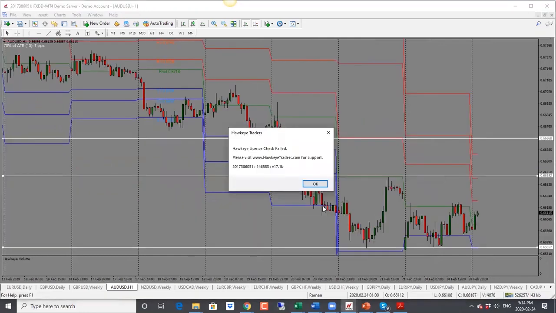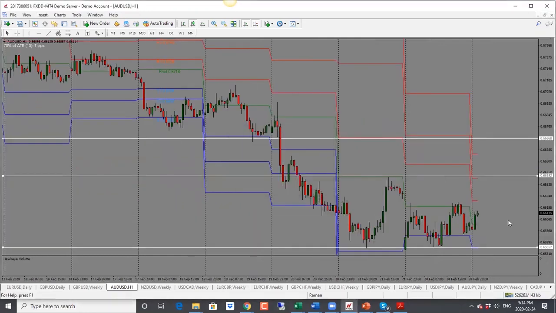Aussie generally tends to do poorly when we see any kind of issues, especially with the coronavirus. The Australian economy is tied into the Chinese economy because of the partnership in terms of exports there. So it gets impacted.